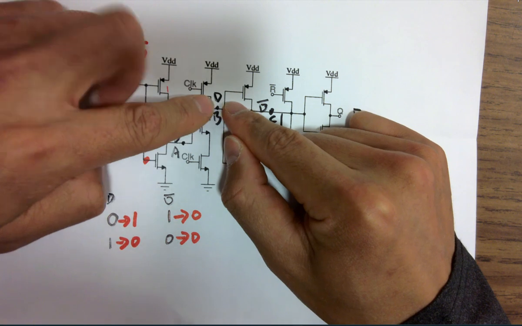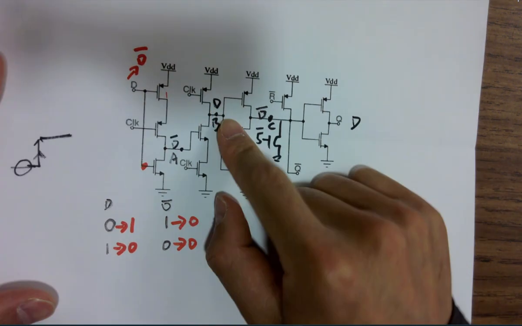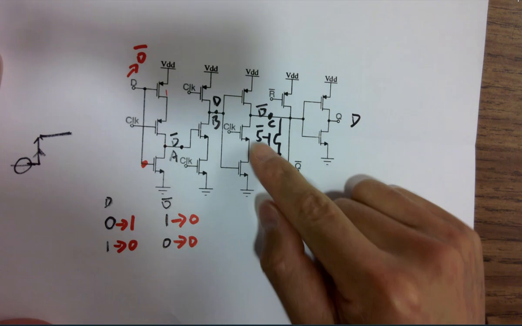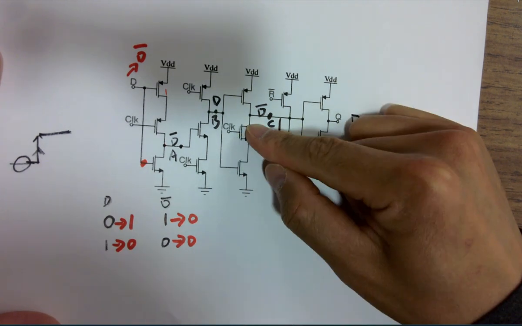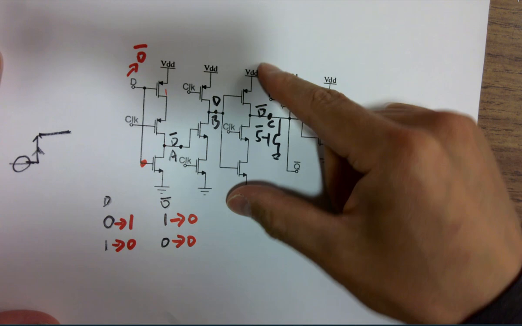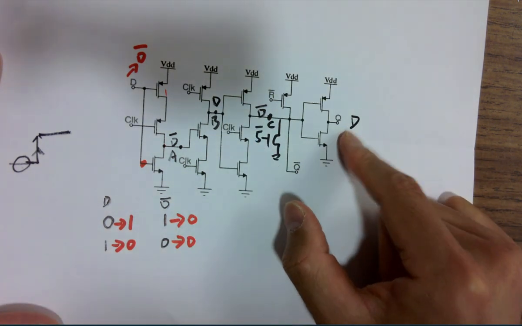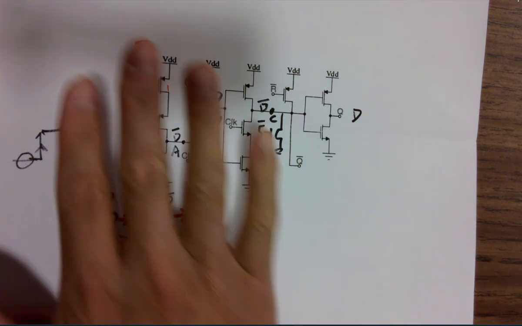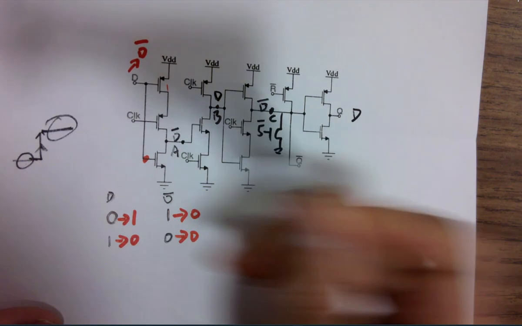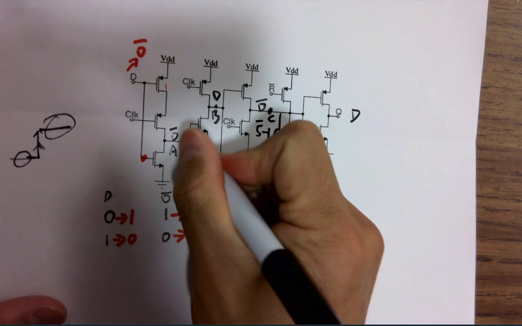It will hold at D. If this guy remains at D, even though this is on, it's not a clocked inverter, it's a static inverter right now. It's D, D naught, and then D. It's not changing.